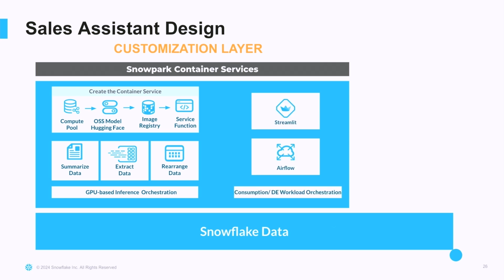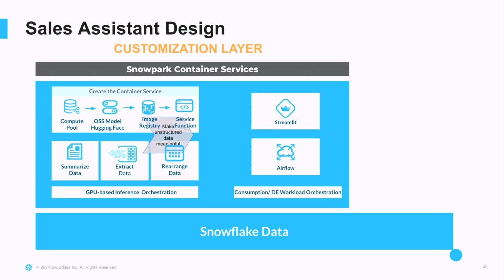So when these containers are all finished, we are able to have Airflow schedule regular jobs to pre-process every large load of the data. And then I use Streamlit as the front-end layer to serve my AI applications, also on Snowpark Container Service.